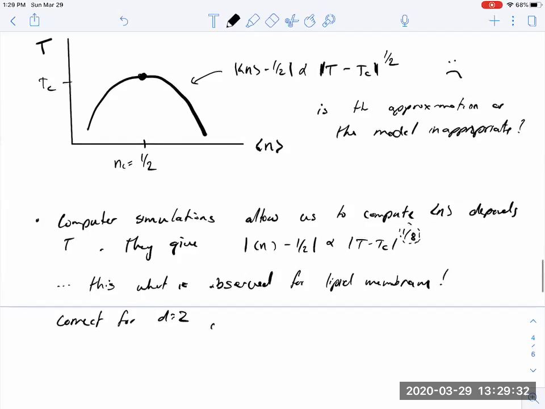And if we simulate this for 3 dimensions, we find exactly the right critical exponents, this nearly 1/3 power. So in fact, this is a really good model.